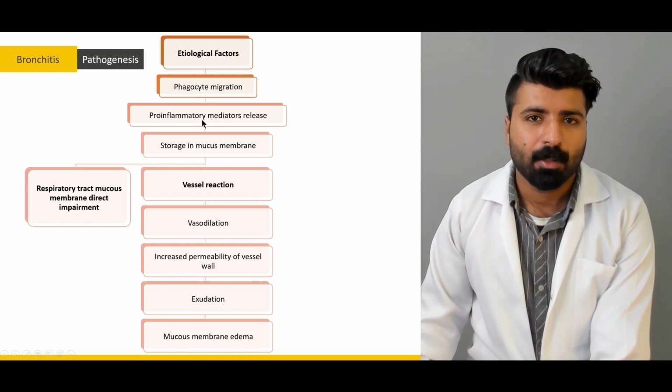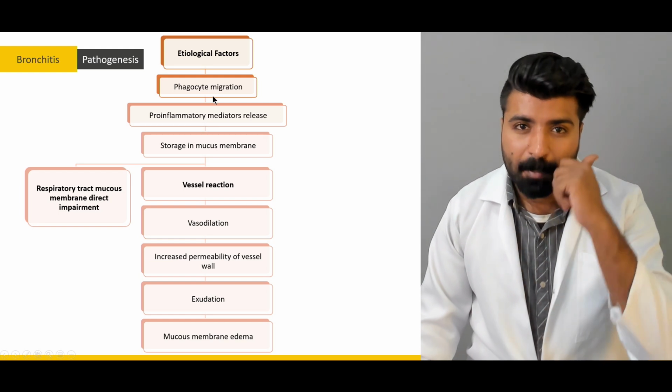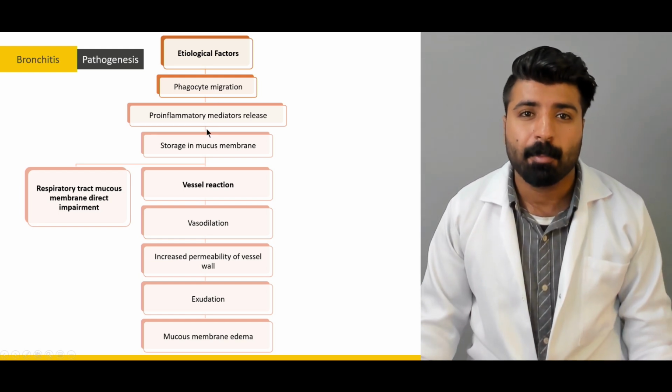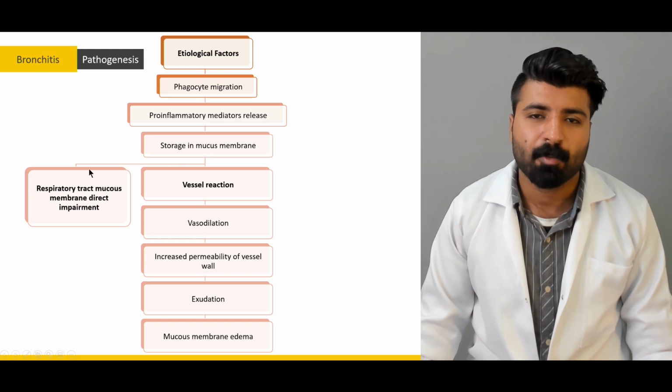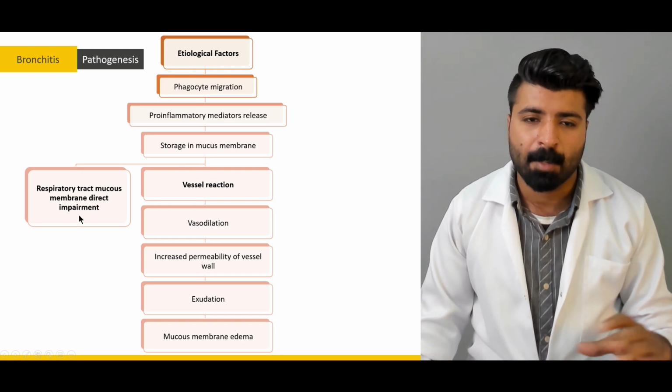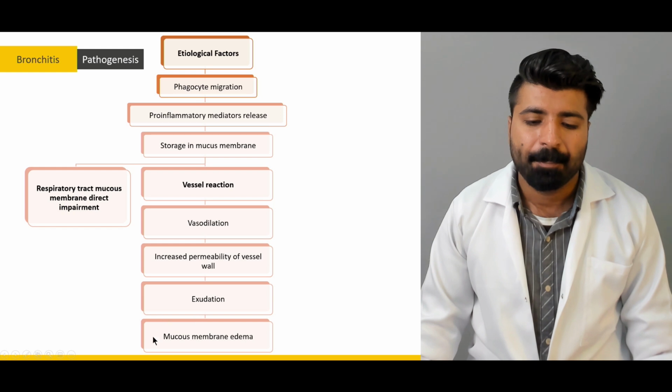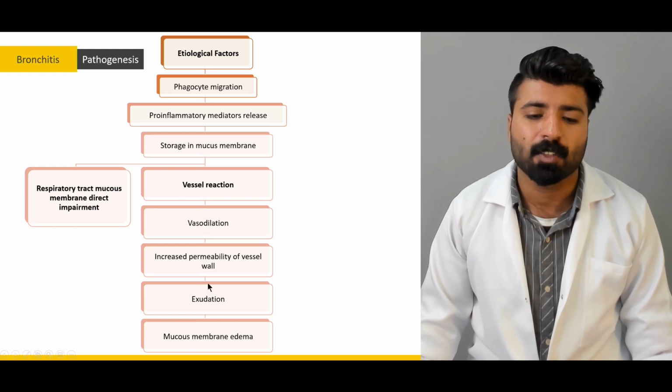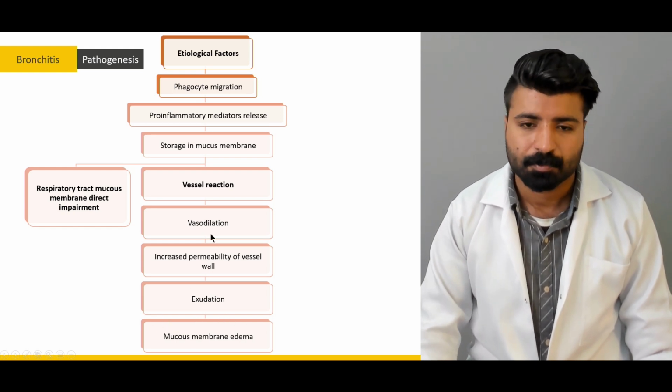So up till now, phagocyte migration happened, then pro-inflammatory mediators were released, respiratory tract mucous membrane impairment happened, and then mucous membrane edema happened because of the exudate and vasodilation.